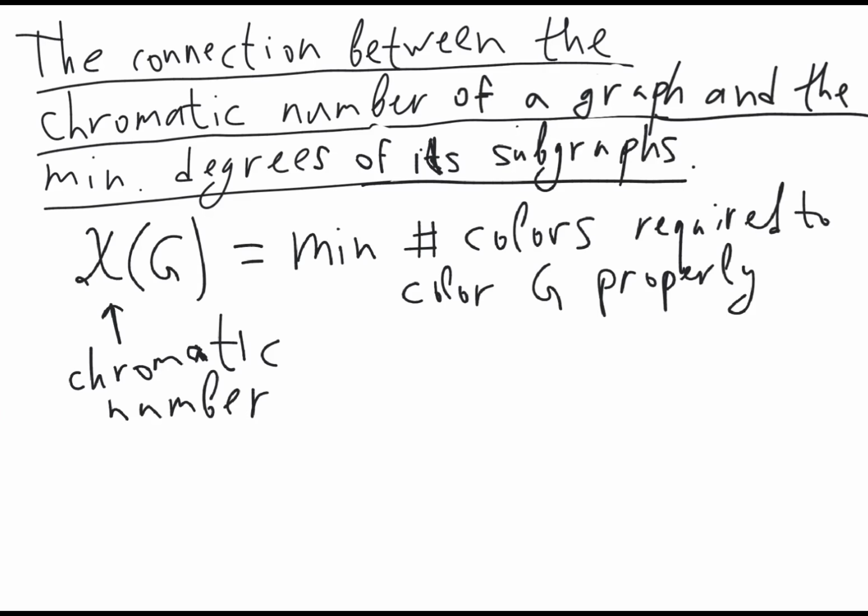A proper coloring is a coloring where any two adjacent vertices receive different colors. If two vertices have the same color and are connected by an edge, this is prohibited. So any two vertices that are connected by an edge must get different colors.